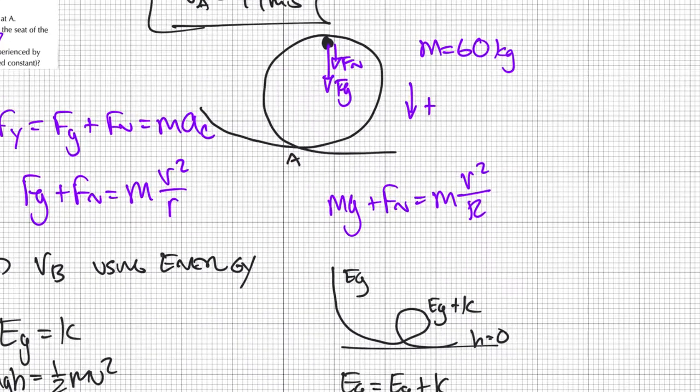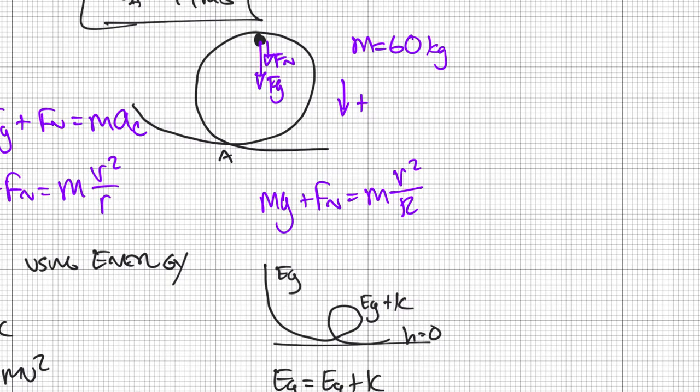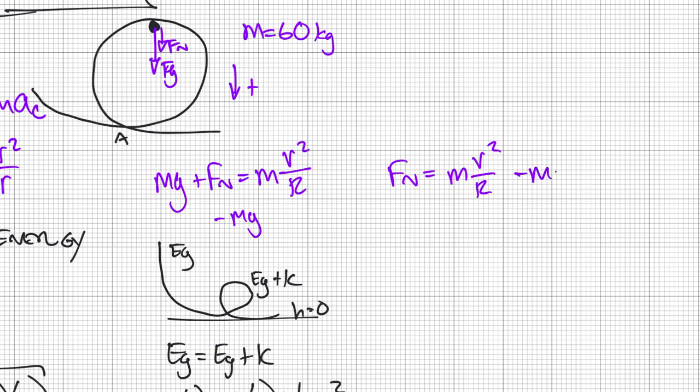And I'm just going to solve for Fn first. So I'm going to subtract mg from both sides. So I get Fn equals mv squared over r minus mg, which is m times v squared over r minus g.